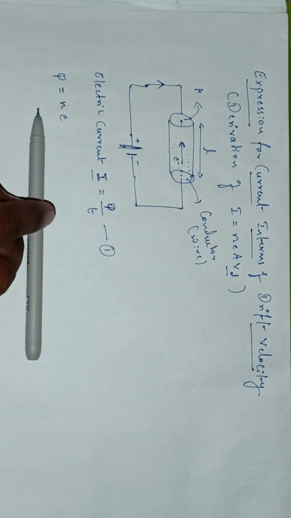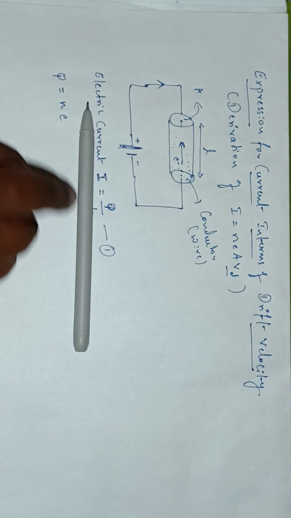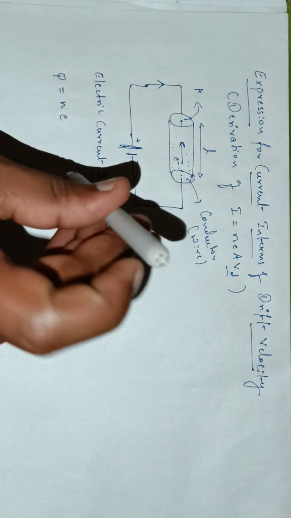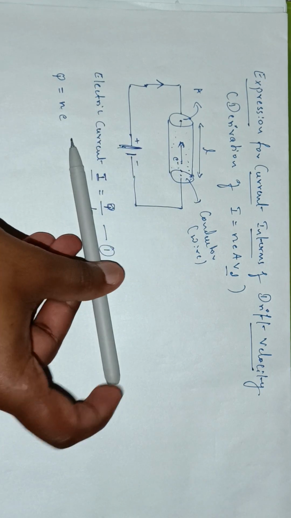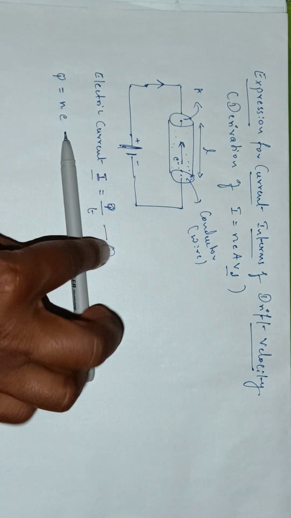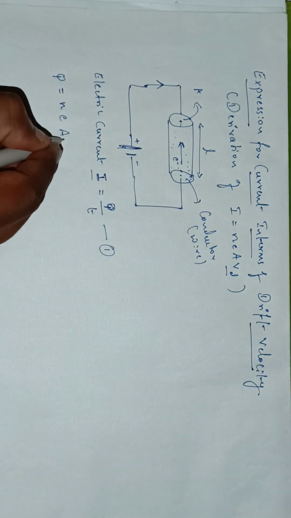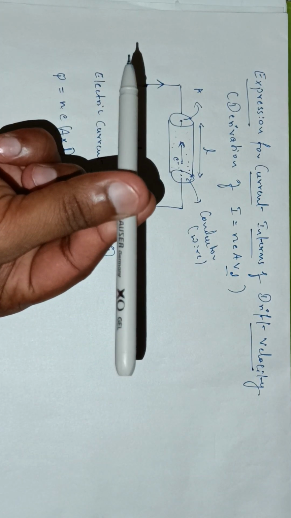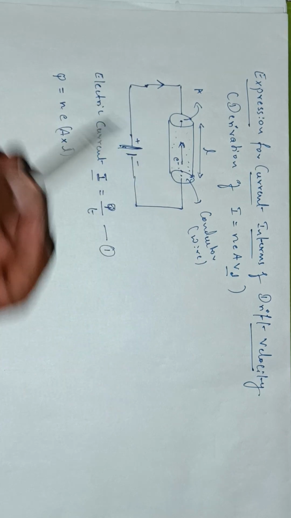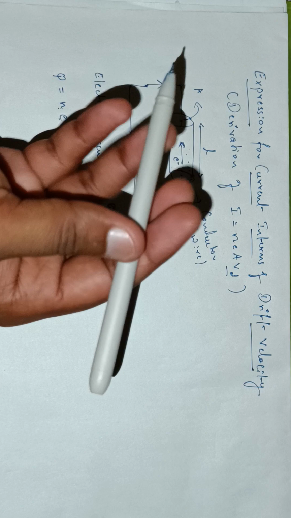If we consider this pen as a wire, this is the length of the conductor, and the area of cross section is the circular part. So A into L is the total volume of this wire.